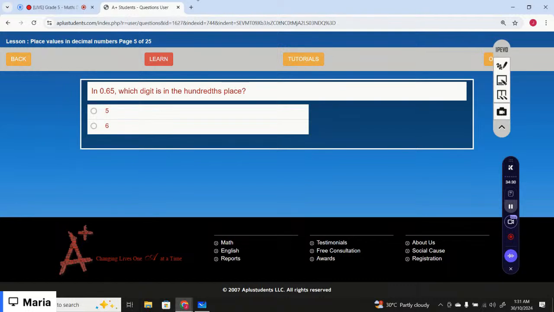Which is the correct option? 5 is at the hundredth place. Option number 1 is the correct option.